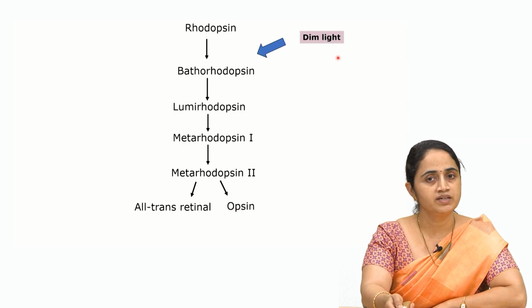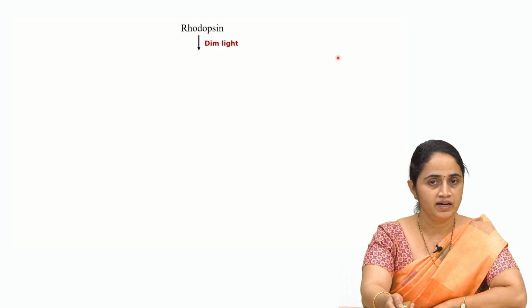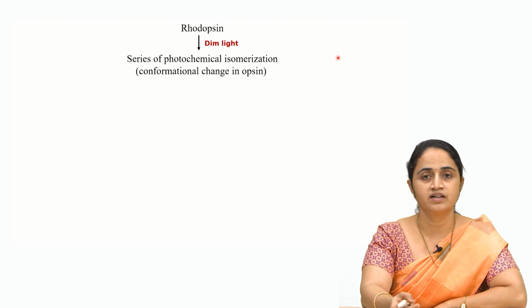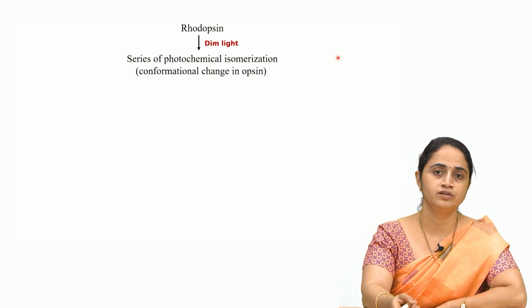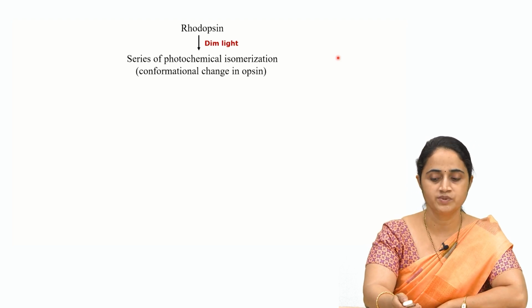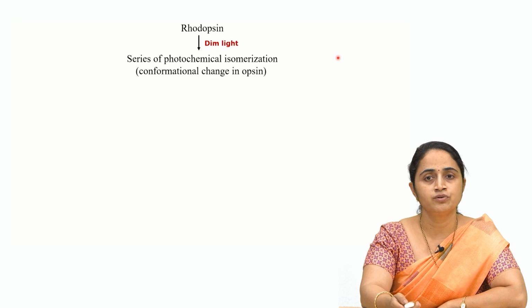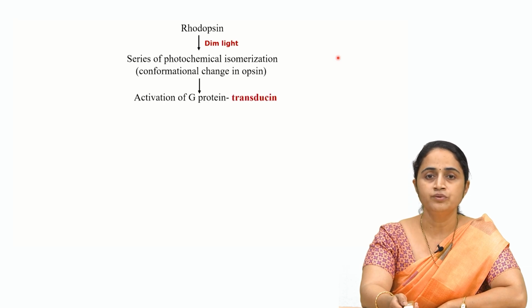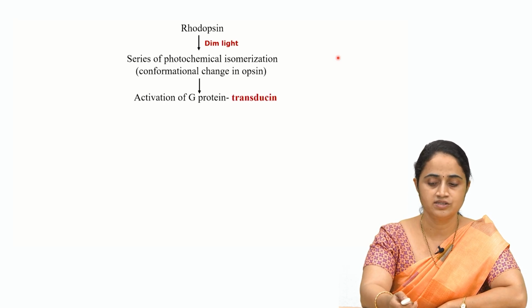And what are the biochemical changes that happen? In the dim light, rhodopsin is changed. In the previous slide we have seen all the intermediates that are formed during the conversion of rhodopsin to all trans retinal and opsin. A series of photochemical isomerizations happens, which causes conformational change in the opsin, leading to activation of the G protein, which is called transducin.